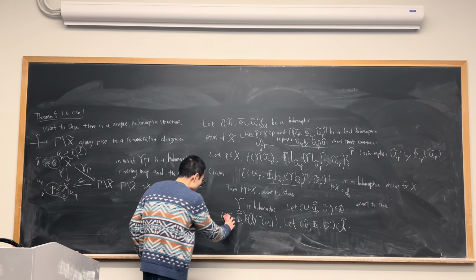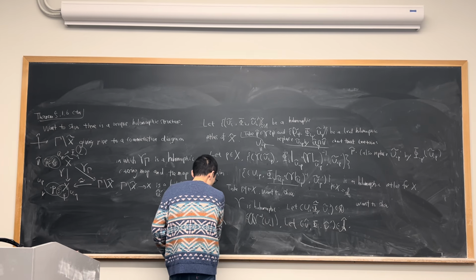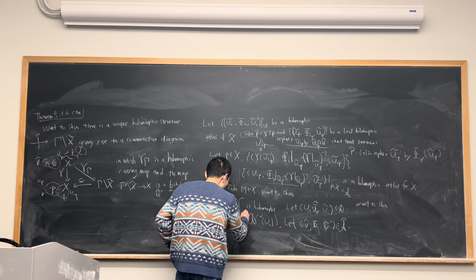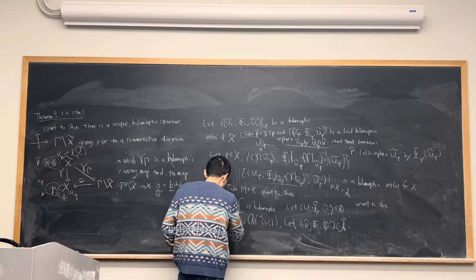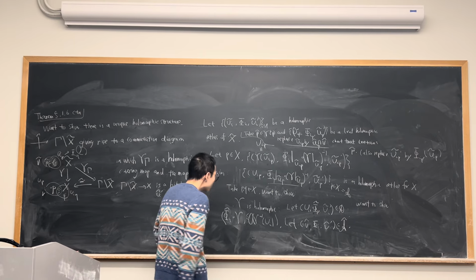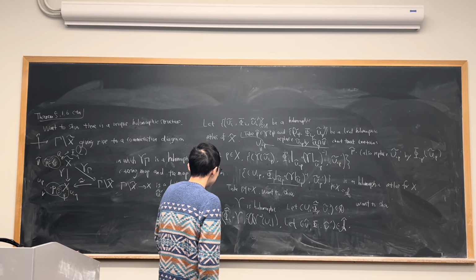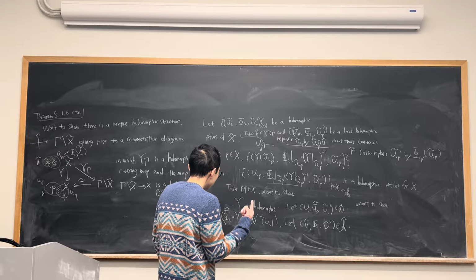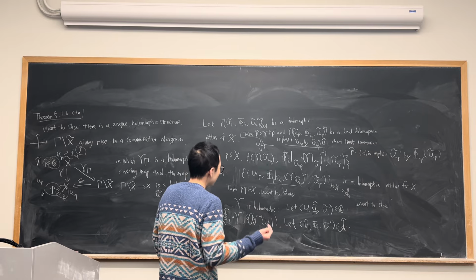Okay, so here it should be the other way. Yeah, so you get gamma first. Okay.